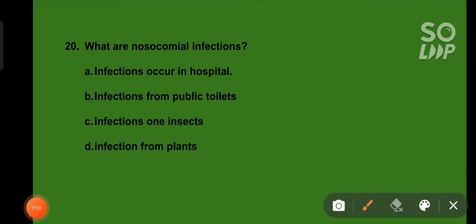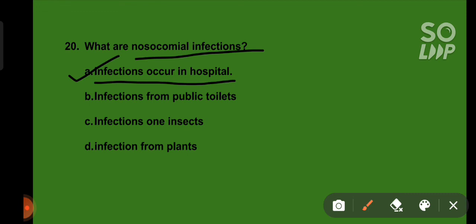The right option is option A, infections that occur in a hospital, that is called nosocomial infection, or the other name is hospital acquired infections.